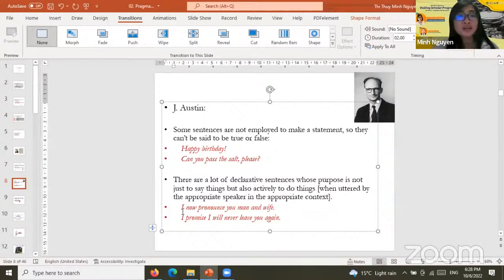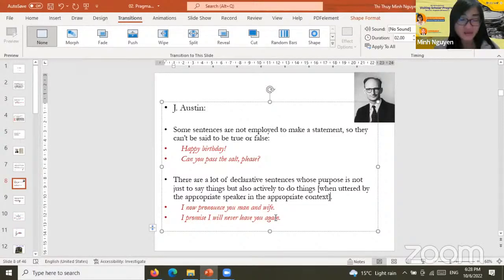But it must be uttered by the appropriate speaker in the appropriate context. So if I say that to my friend, that would not count as an action, because I am not a priest and I'm not in the church. I don't have the institutional rights to marry people, so if I say that, it's only a joke.